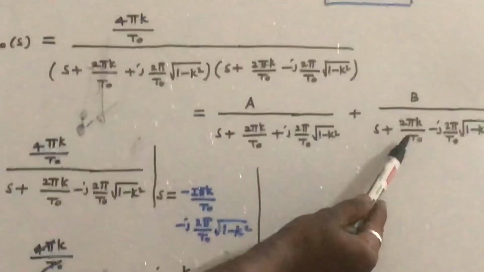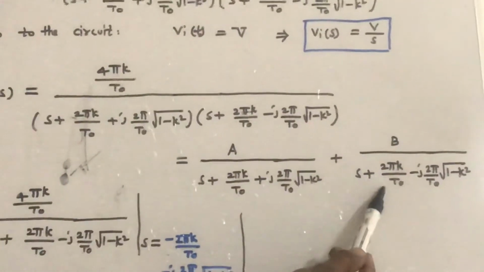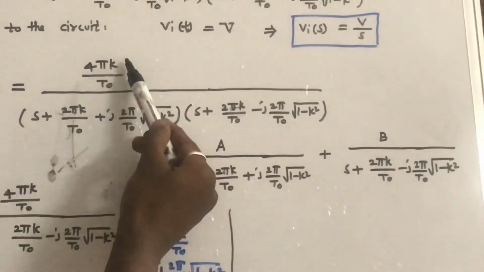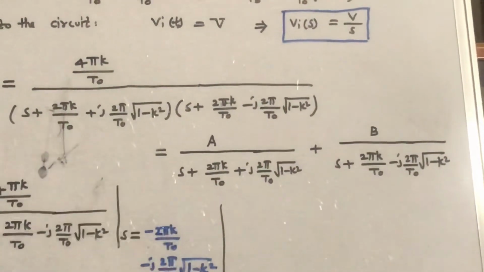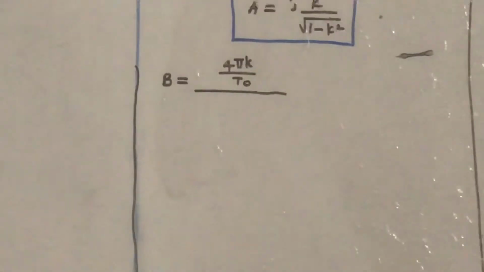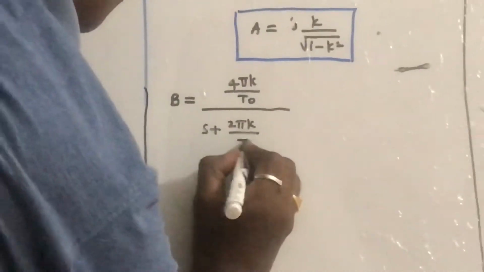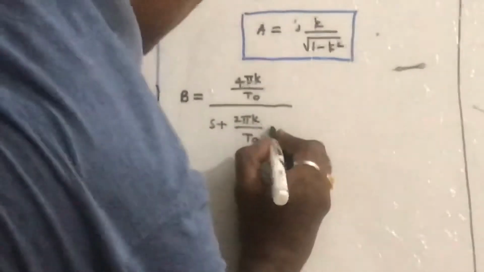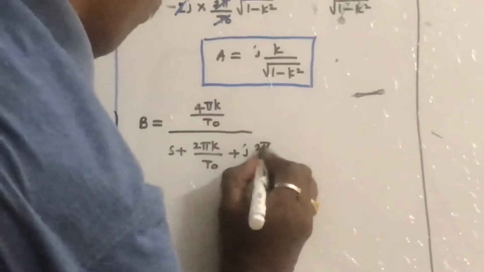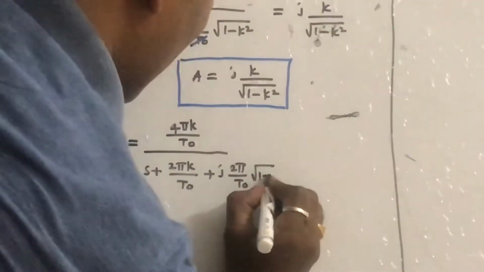While calculating B, multiply the denominator of B with this function, so that this term gets cancelled out. That means this term by this term will remain. So therefore it is written as 4 pi k by t naught divided by s plus 2 pi k by t naught plus j into 2 pi by t naught into square root of 1 minus k square.